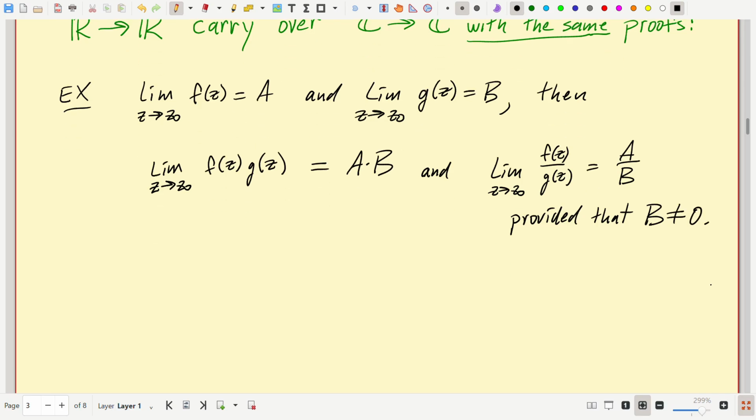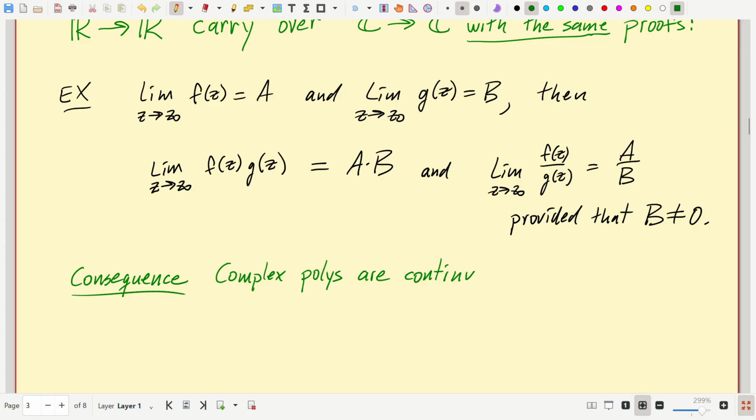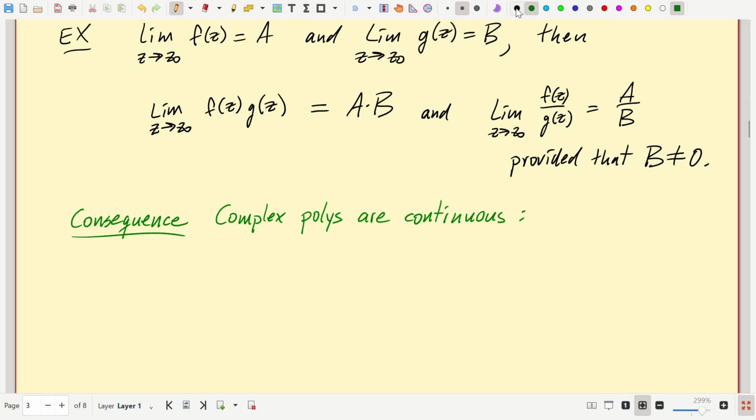Anyway, a consequence of this is that complex polynomials are continuous. Let's see, the proof of that would be very simple. We'd have a naught plus a1 times z. A naught is continuous.